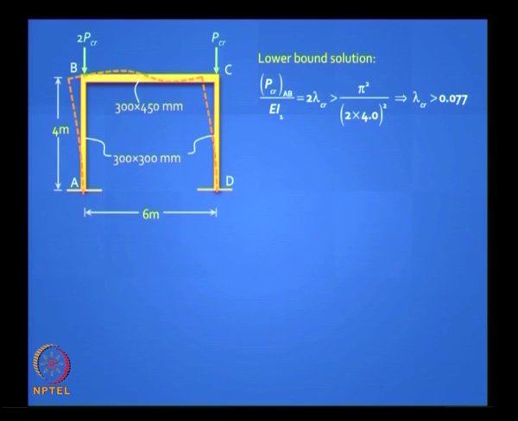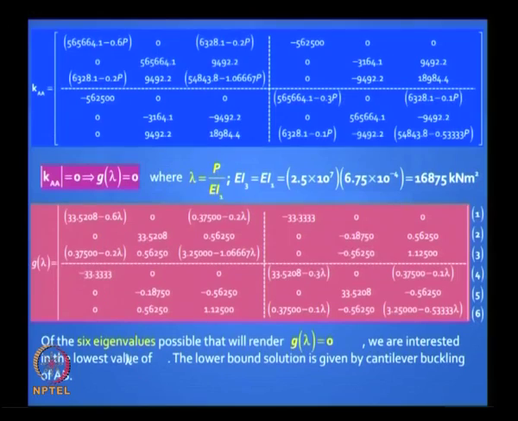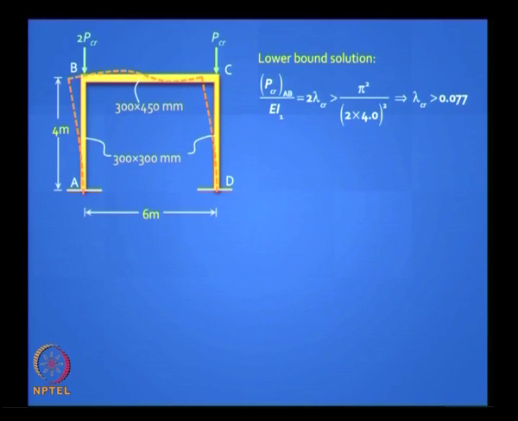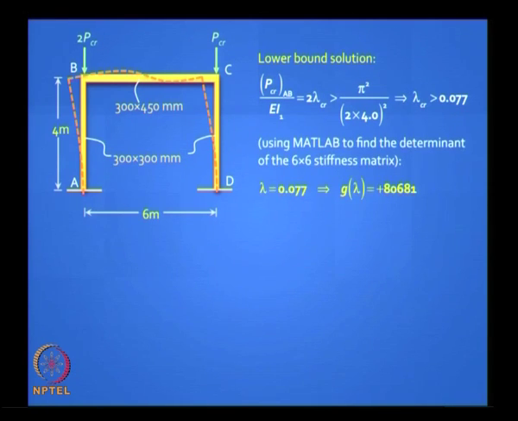Now if you put this value of lambda into that expression for the determinant g of lambda, will it be positive or negative? In the bisection method you need to figure that out. So you do not know until you put in that value. So put it in and you can find the determinant easily by MATLAB.